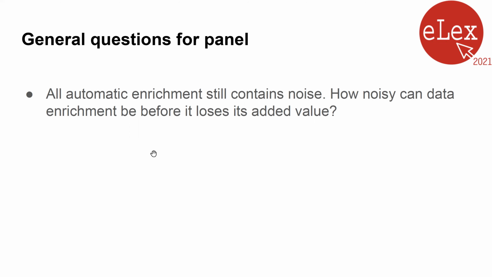So a more general question is how noisy can the data enrichment be before it loses its added value? What strategies do people employ to assess where too much noise is being added for the functionality to be useful? Any one of the authors who wants to, please do take the floor.